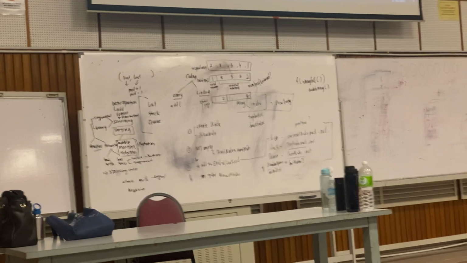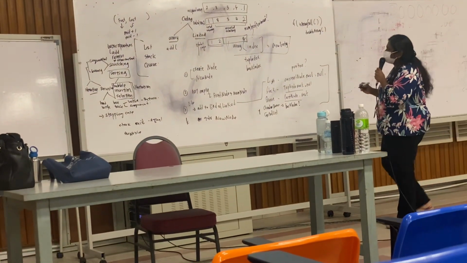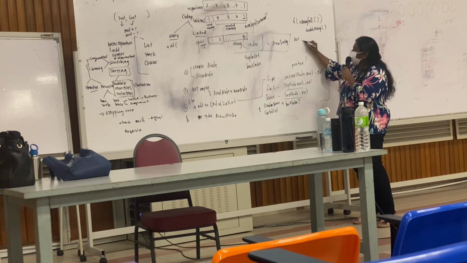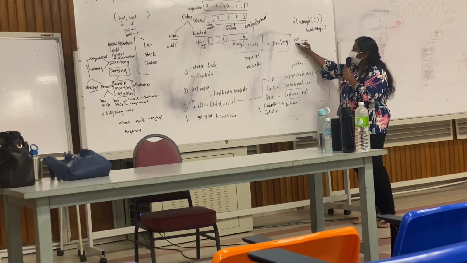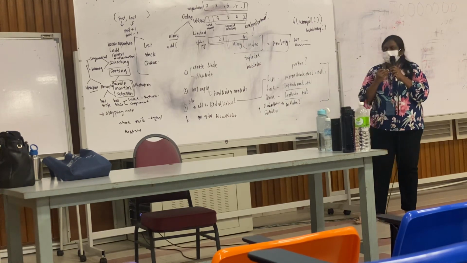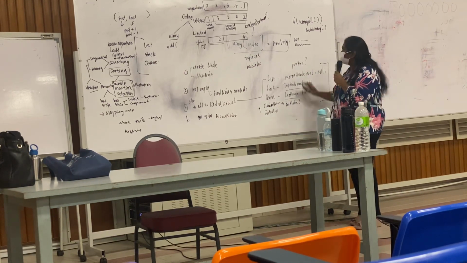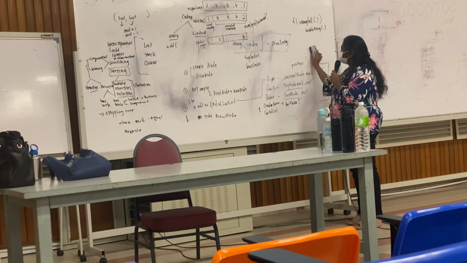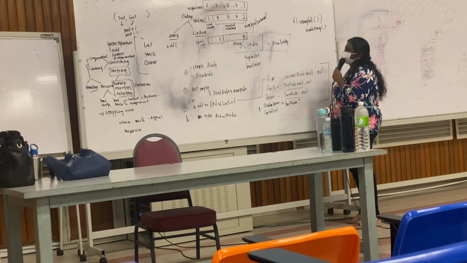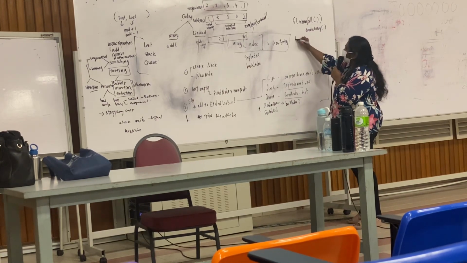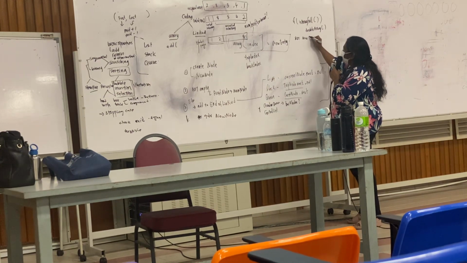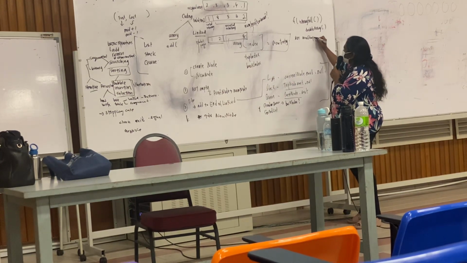Then your ADT. How do you write your ADT? Write the title, write the description. So let's say ADT area shape.